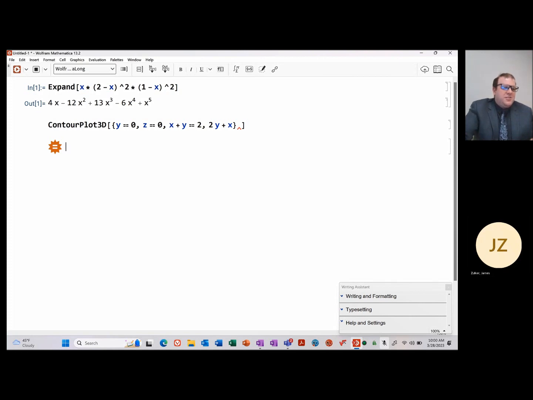Why'd you go down there? And then y squared plus z squared is equal to 4. We are also told we're in the first octant. Remember, that means that x, y, and z are all greater than or equal to 0.